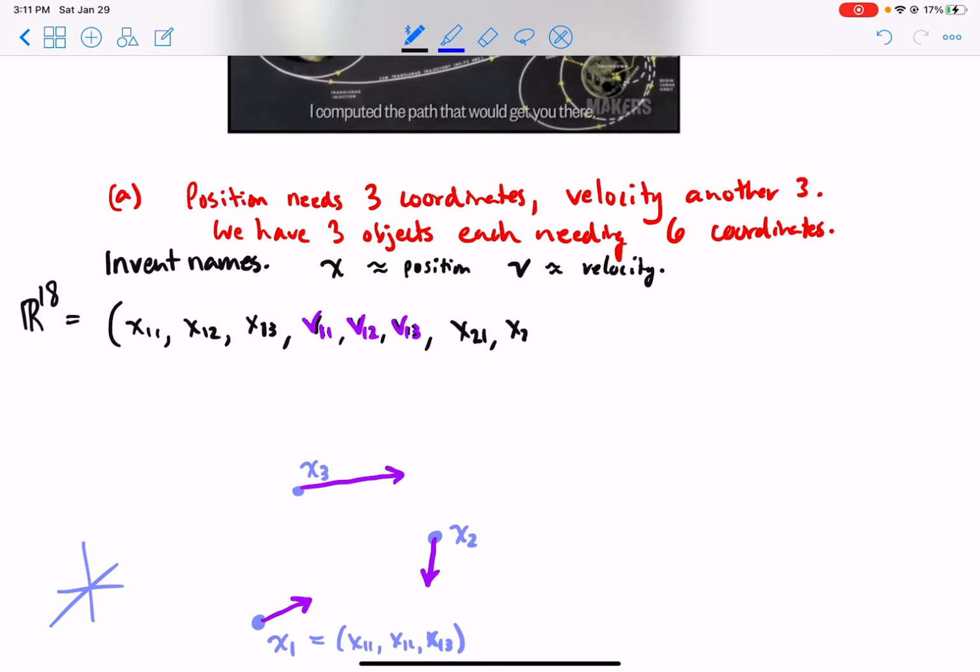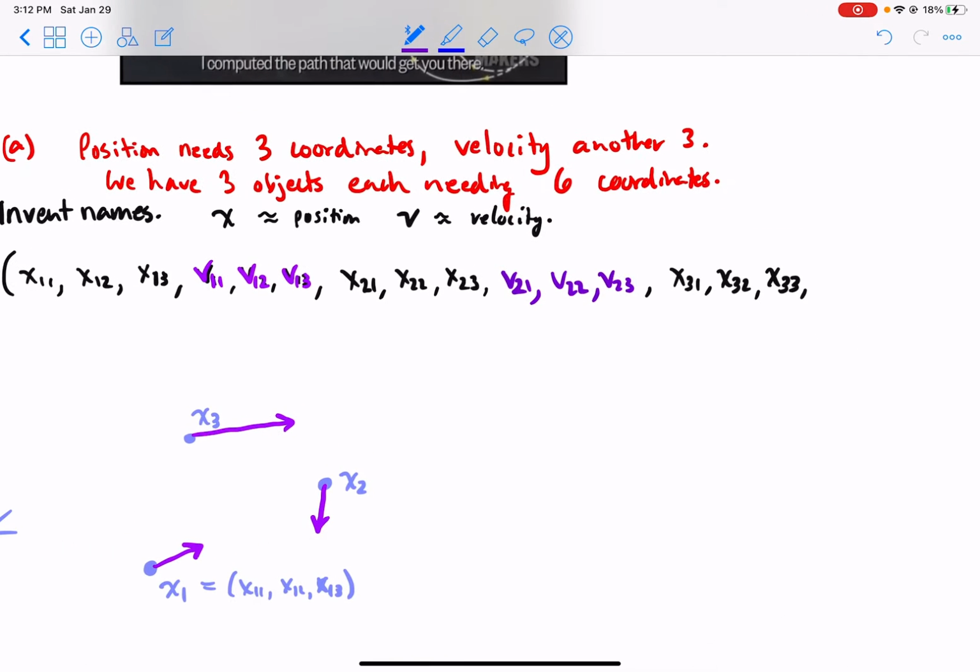Now, the Moon has a position. I've invented variable names for the position of the Moon. I'll leave some space for the velocity, and now the spaceship has position, and it also needs velocity, so here's the Moon velocity. We'll have those variable names, and finally the spaceship velocity, which I guess would be this arrow.